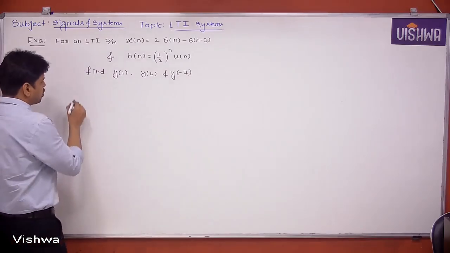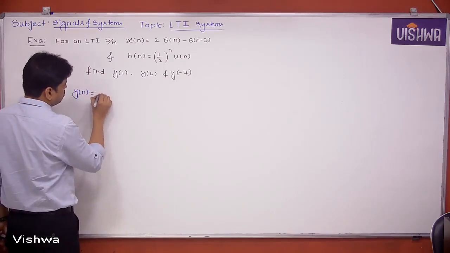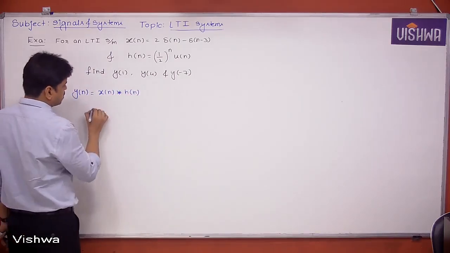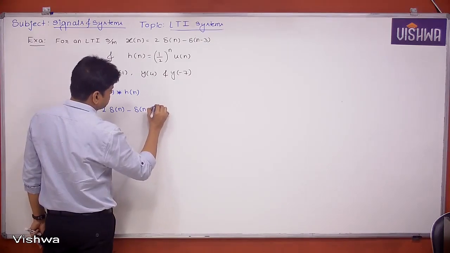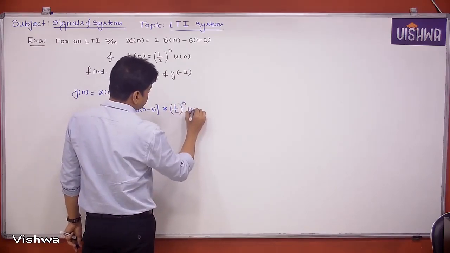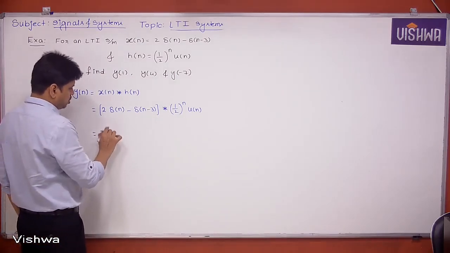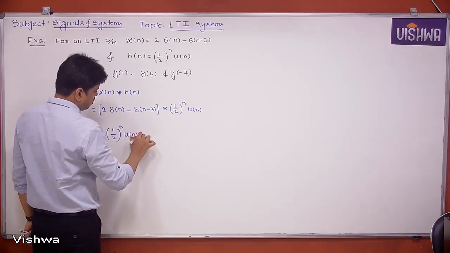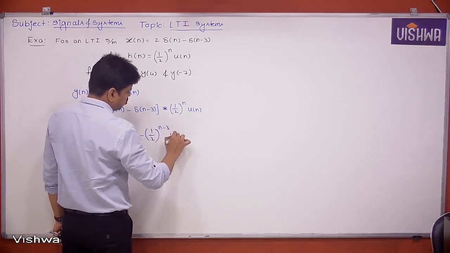We know that y[n] is equal to x[n] convolution with h[n], that is (2 delta[n] minus delta[n-3]) convolution with (1/2)^n u[n]. Because of the distributive property, 2 delta[n] convolution with the same signal gives 2 (1/2)^n u[n], minus delta[n-3] convolution gives (1/2)^(n-3) u[n-3].